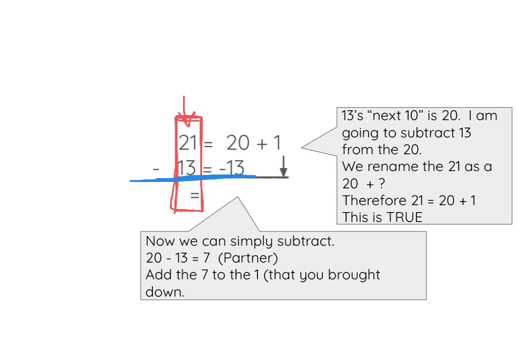Now, above this minus 13 on this side of the equal sign, I'm going to put the next 10. Well, 13's next 10 is 20, so I put it right directly above the 13. That's the part I actually am going to subtract.